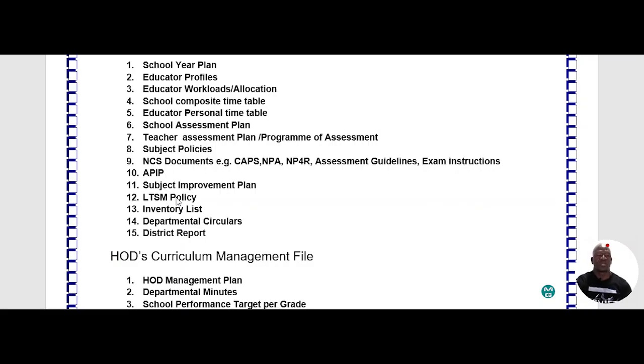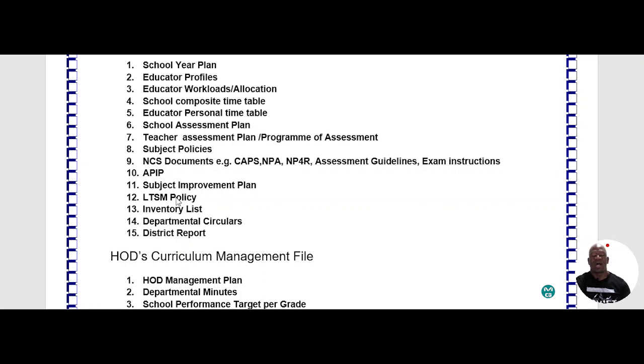Issues of retrieval of textbooks, issues of procurement, okay, in terms of if there are LTSM materials that need to be procured, they should be governed by the policy of the school in terms of LTSM as to how the new items are supposed to be procured. So the LTSM policy, as developed by the relevant stakeholders at the school, should be part and parcel of what should be in the HOD file.